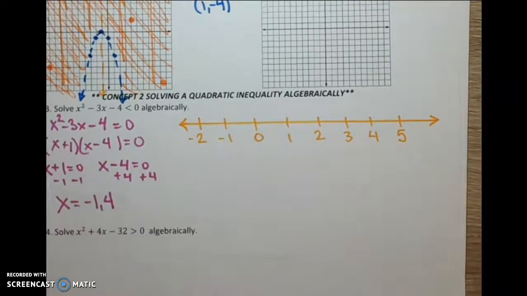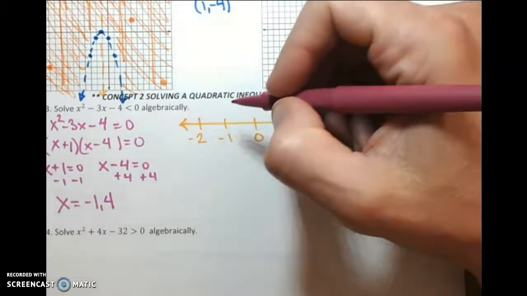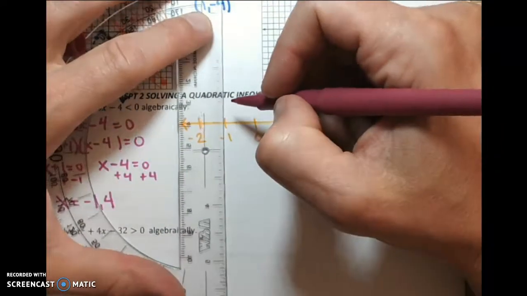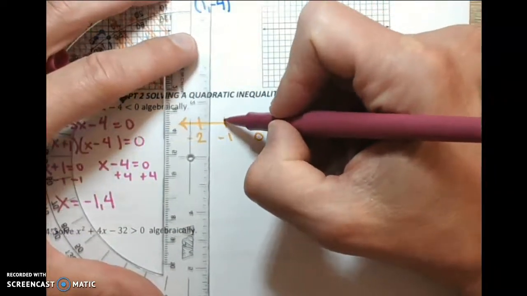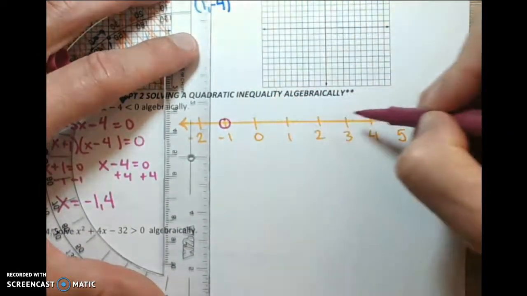Okay. Then what I'm going to do is make dash marks here. I just do dash marks really to verify, because I have -1 here and 4.